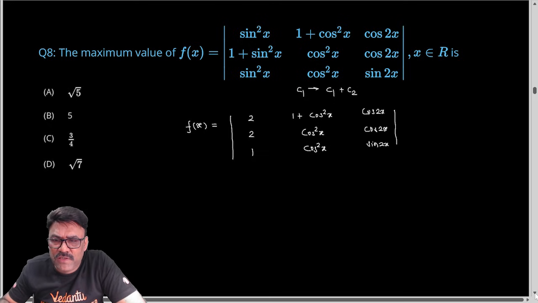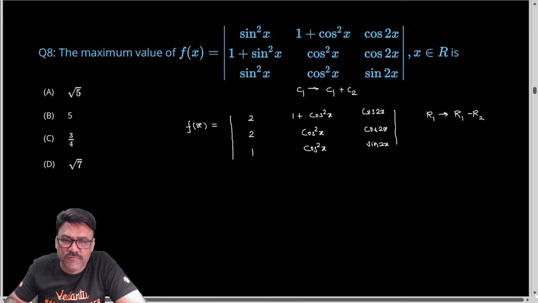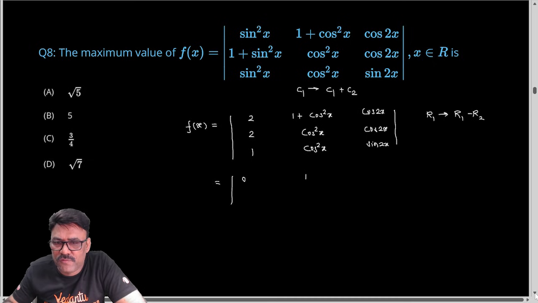Now you can see that if from the first row, if I subtract the second row, the two elements of the first row will become 0. It will become 0 here. First minus second, it will become 1 here. From the first row, second one is subtracted. Then 0 here. And let's keep remaining elements as it is. 2 cos square x, cos 2x, 1 cos square x, sin 2x.